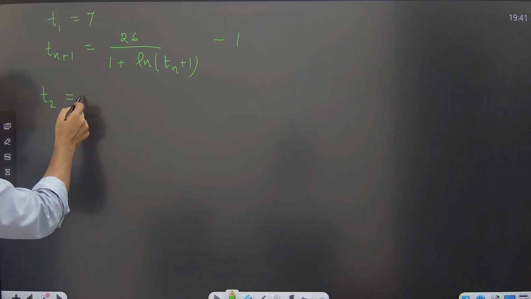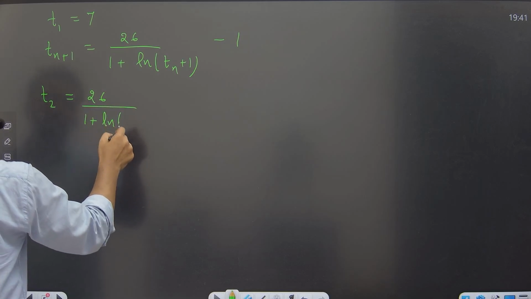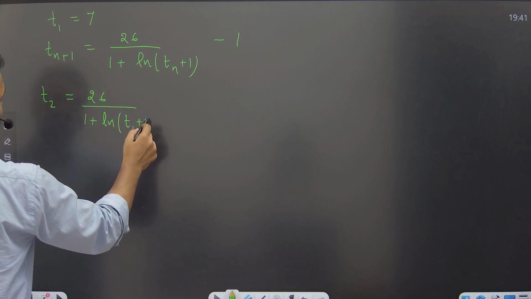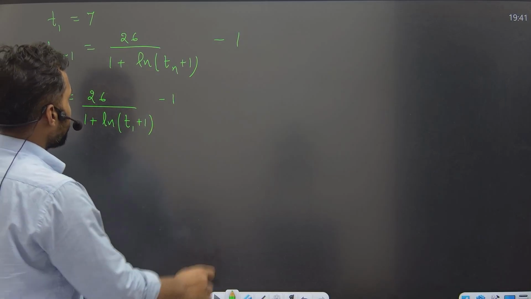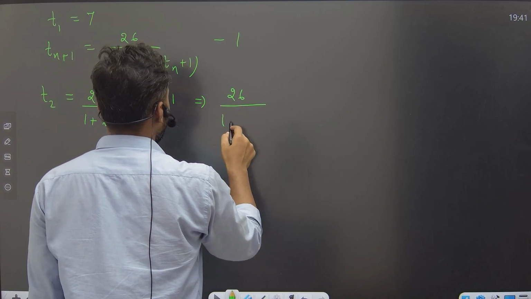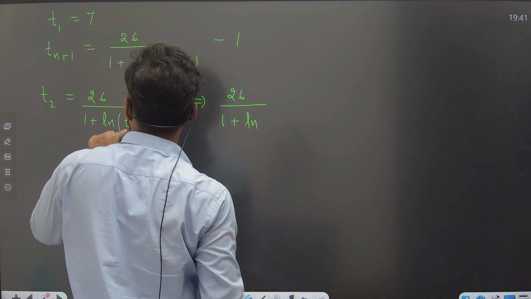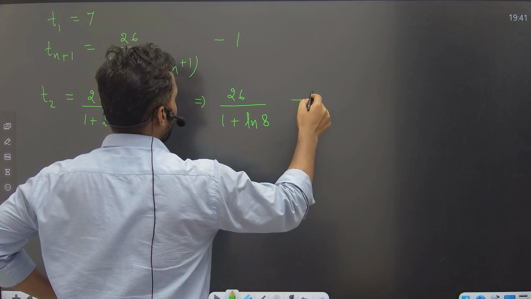T2 equals 26 upon (1 plus log of (T1 plus 1)) negative of 1. Okay, so just plug the values here. So it will be 26 upon (1 plus log of (T1 plus 1)), the value of T1 is 7, so it will be log of 8, negative of 1.